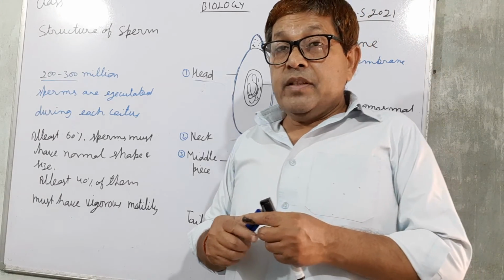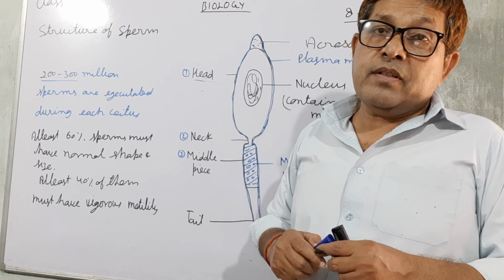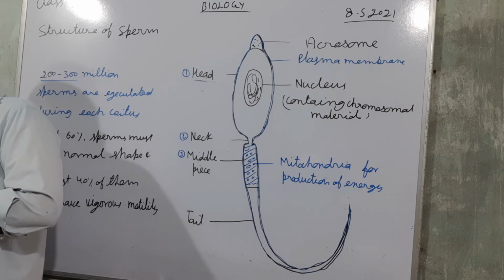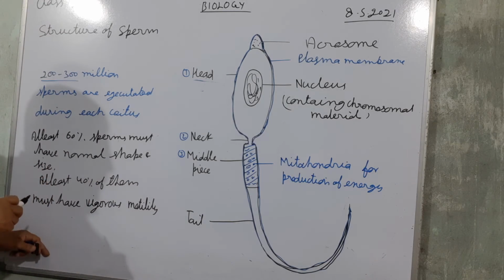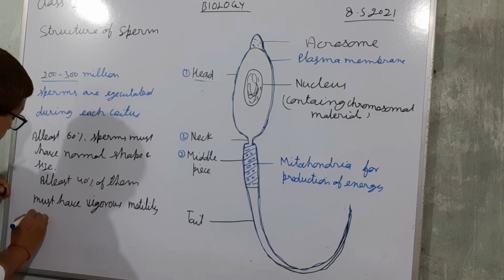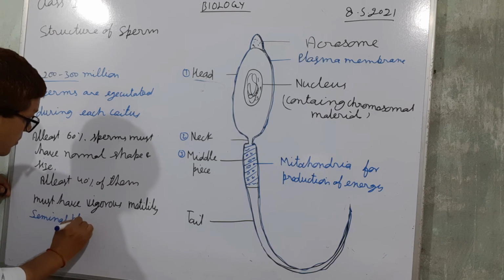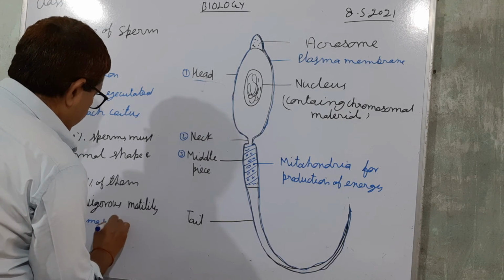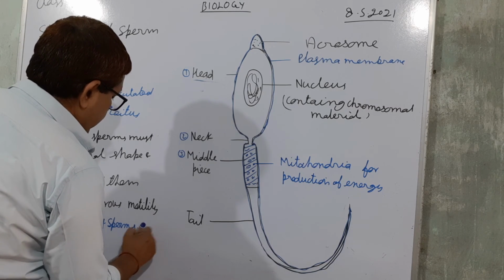One more term is there: the sperms are found in a fluid called seminal plasma. Seminal plasma plus sperms make semen.